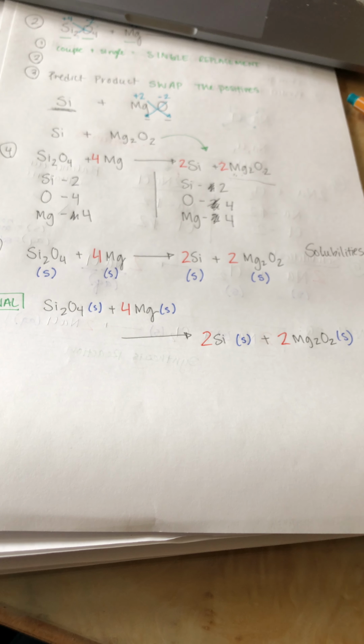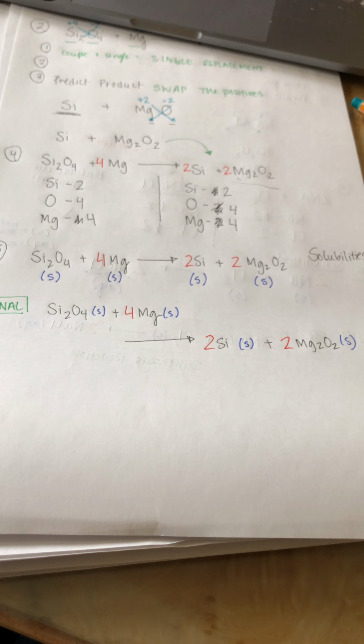So we predicted the products, we balanced our equation, and we predicted our solubilities. That is our final complete equation.